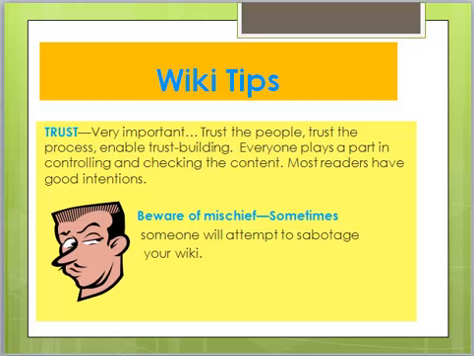There's nothing worse than starting a wiki and then having someone go in and sabotage your wiki because of an opportunity they had to be mischievous. And of course, I know that mischief can occur. I'm sure this has to be addressed, especially within certain age groups, but it can be manageable as long as proper netiquette is taught and high expectations are expressed by the creator of the wiki.